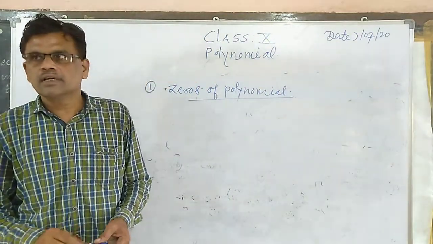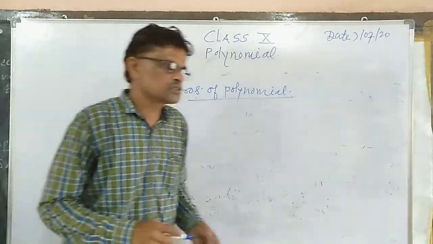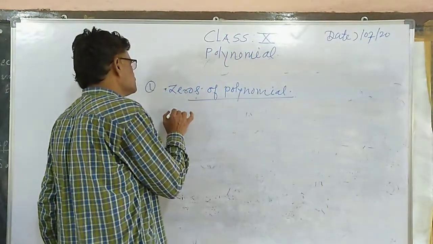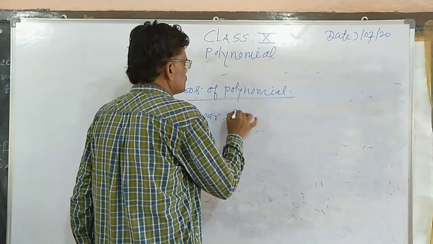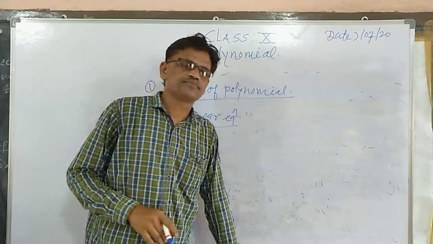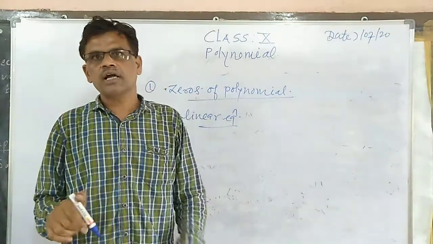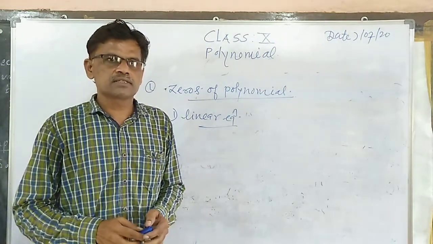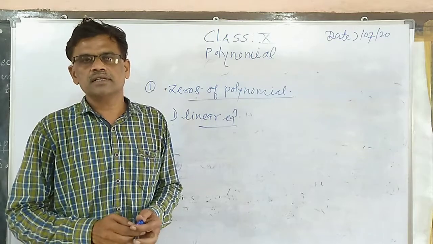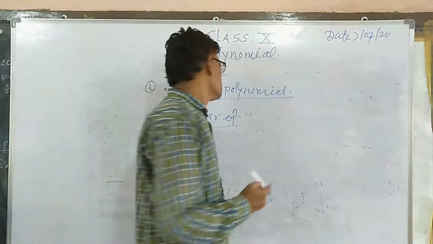In a linear equation, dear student, how many zeros are there? Only one. Why? Because in a linear polynomial the highest power is 1.